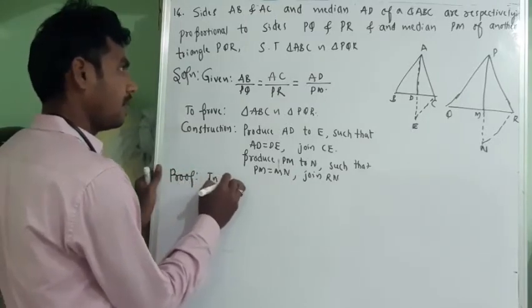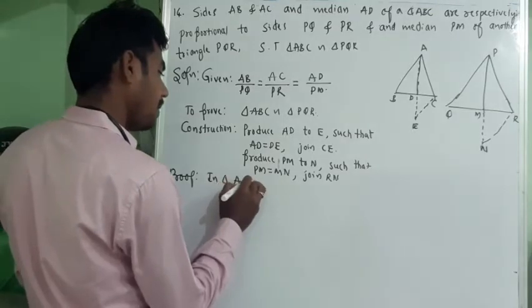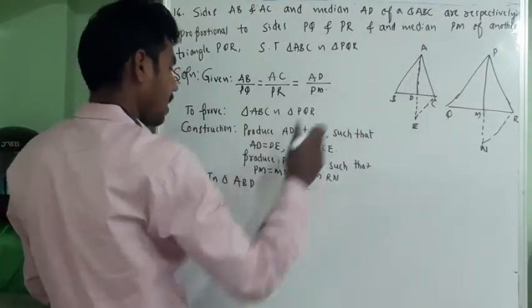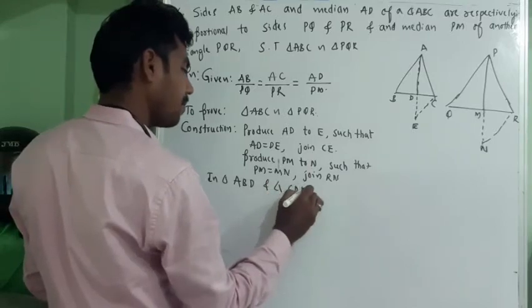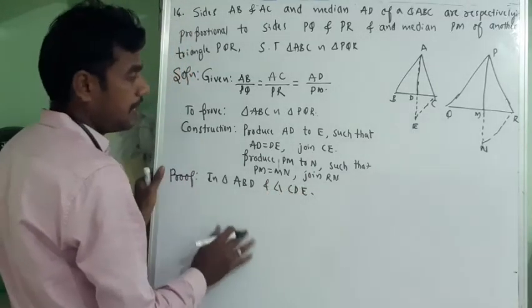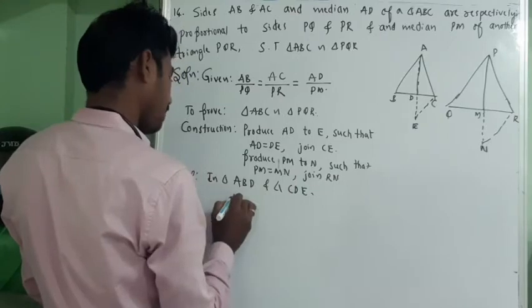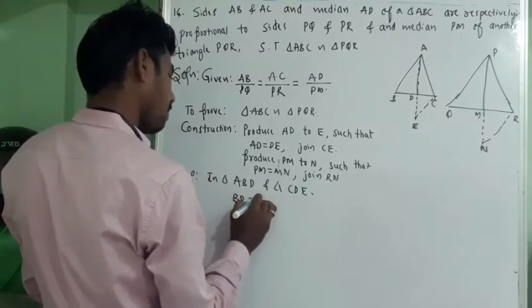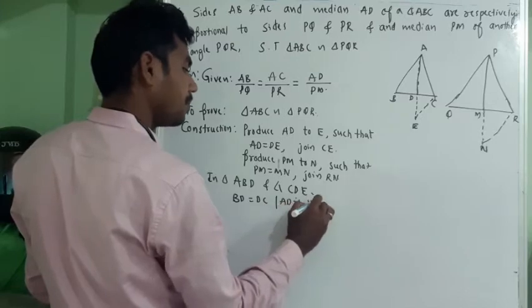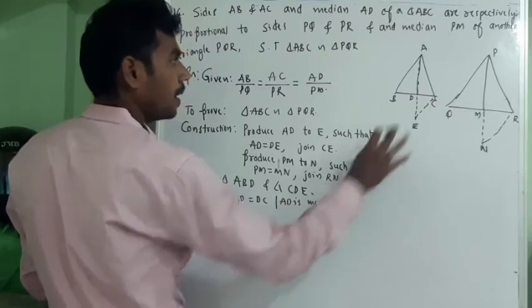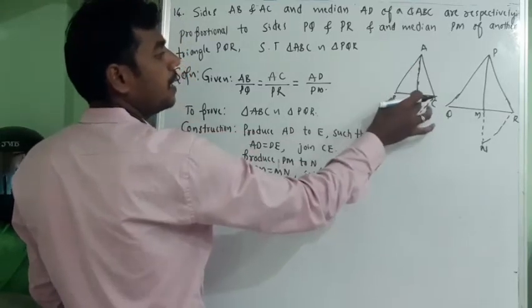In triangle ABD and triangle CDE, BD is equal to DC. Why? AD is median. AD is median, this is the reason BD is equal to DC.